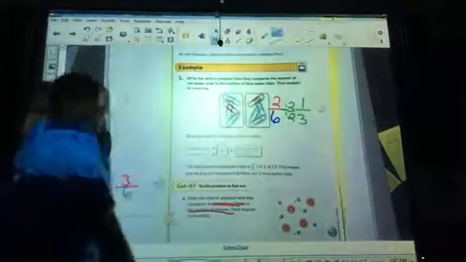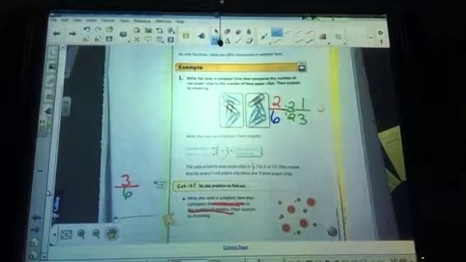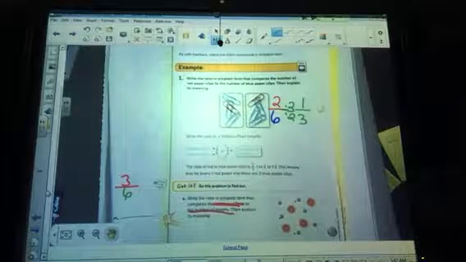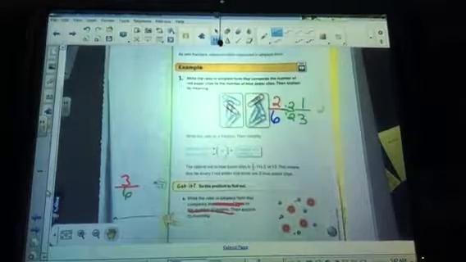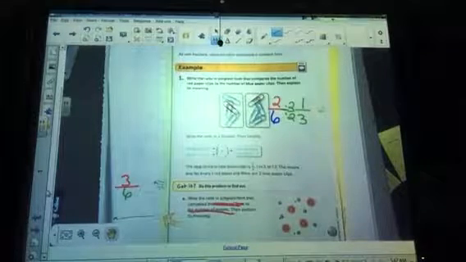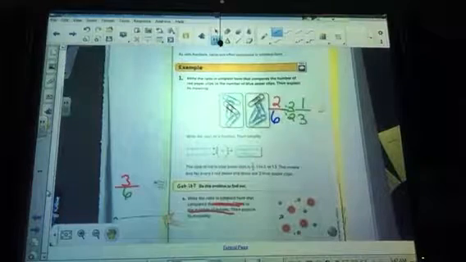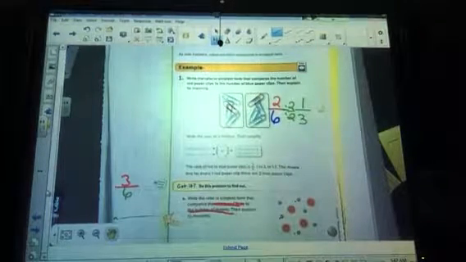What can we divide 3 over 6 by? I always look at that numerator. That numerator, remember, is the top number. I always look at that numerator first, and I ask myself, can that top number go into the bottom number? So can 3 go into 6? Because if it can, that's always going to bring you down to the very simplest form.